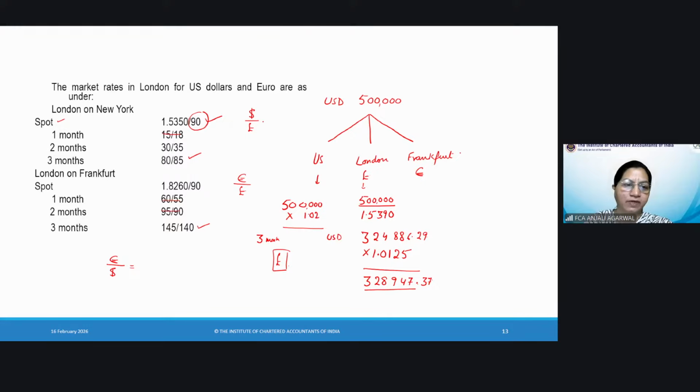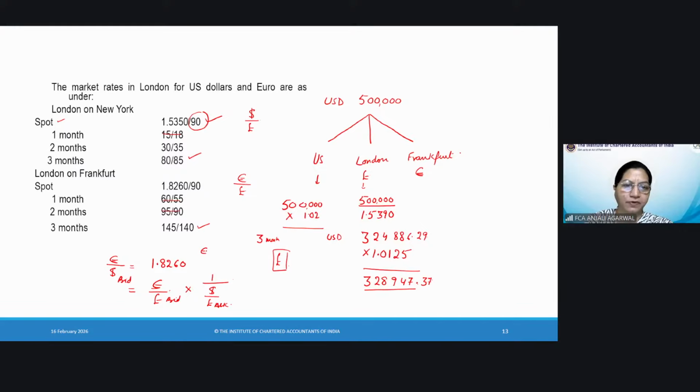So if I inverse this rate, you will have 1.8260, bid of euro by pound bid, multiplied by 1 upon dollar by pound ask.